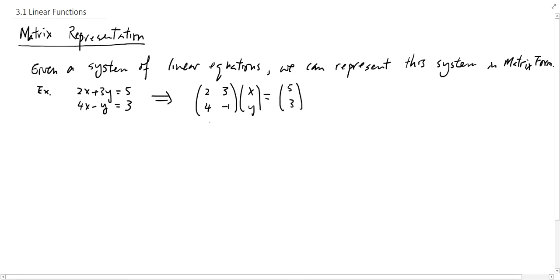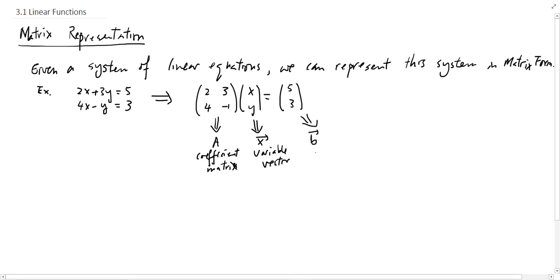If you recall from last year, this right here is called a matrix A, the coefficient matrix. This right here is our vector x, which is called the variable vector. And this last one doesn't really have a name.